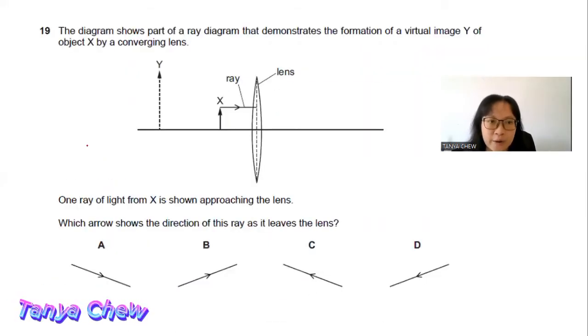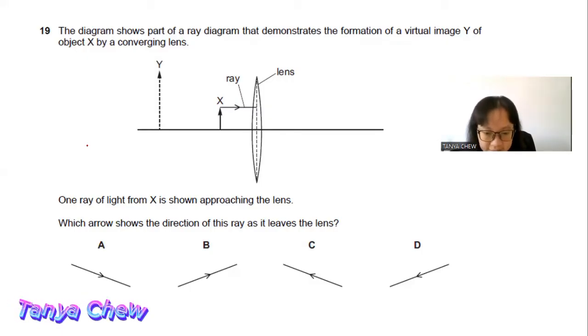Question number 19, the diagram shows part of a ray diagram that demonstrates the formation of a virtual image Y of object X by a converging lens. One ray of light from X is shown approaching the lens. Which arrow shows the direction of this ray as it leaves the lens?